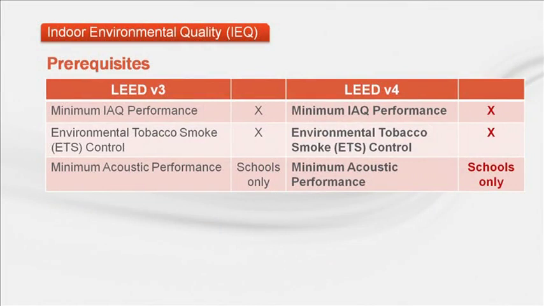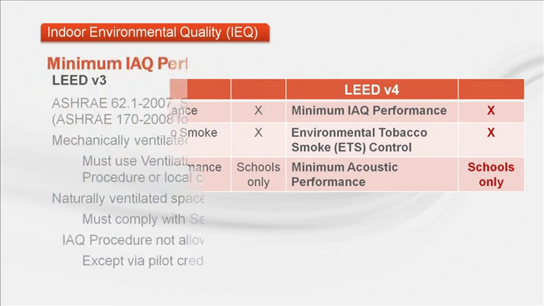Starting with the prerequisites, the EQ section still has the same primary prerequisites: minimum IEQ performance, which is basically complying with ASHRAE Standard 62.1, and dealing with environmental tobacco smoke. In addition, LEED for Schools has one more prerequisite focused on acoustics, which I'll discuss a bit later.